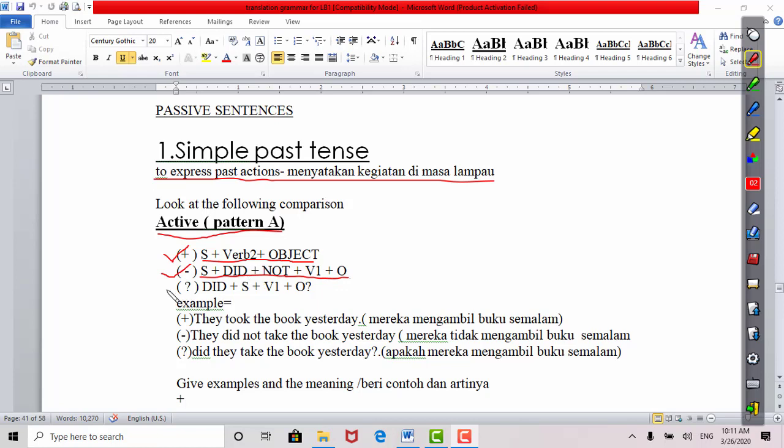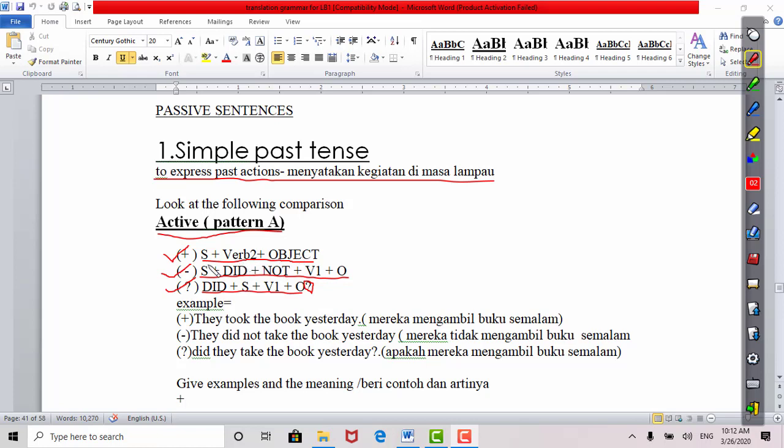For the question form, you use did plus subject plus verb 1 plus object plus question mark. Alright? I repeat again. For the active pattern from simple past tense, positive is subject plus verb 2 plus object.